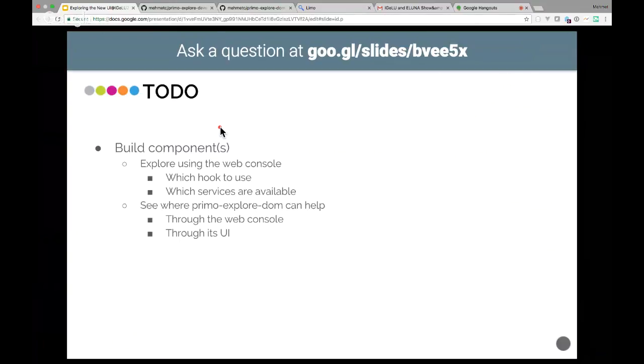What we will do, we will build some components or a component, depending on how much time we have. And we will explore the UI using the web console. We'll look at which hooks to use, which services are available at certain hook points, and how we can find them out. And also see where PRIMO-EXPLORE-DOM, which is a convenience library, can help.